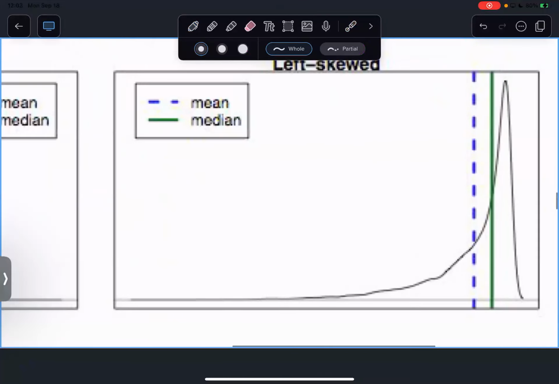How about in the other direction? Again, here, the median is also being pulled a little bit, but not too bad compared to the mean. The mean is pulled in the direction of the tail.